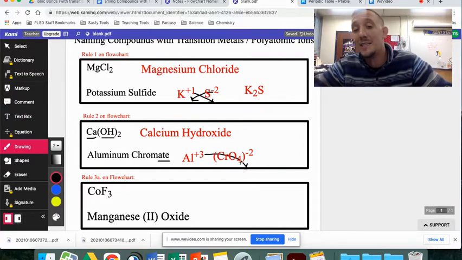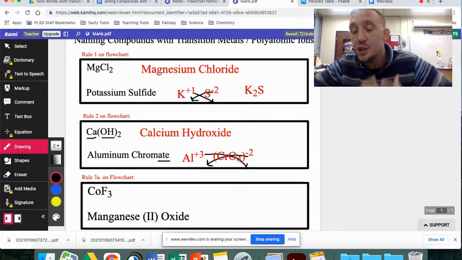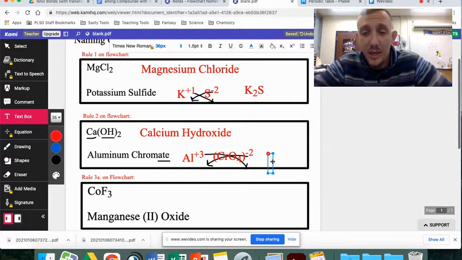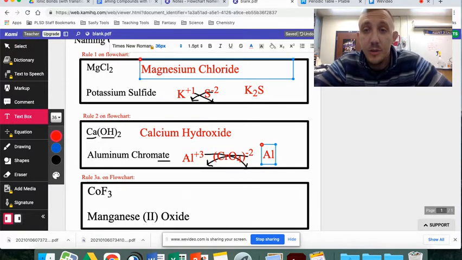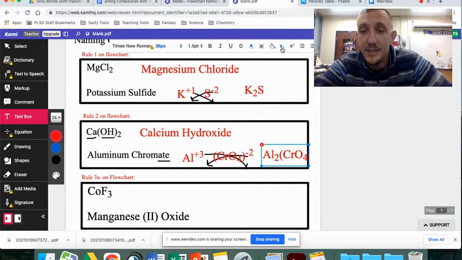But you are going to drop this, so go ahead and pay attention real quick. I'm going to move the +3 here, and then I'm going to move the 2 down here. Now watch how this 3 is handled, and I want you guys to see how chromate doesn't change. So it's going to be Al, and that 2 dropped, so it's going to be Al2, and then once again, I'm going to put chromate in parentheses, and now notice it didn't change.